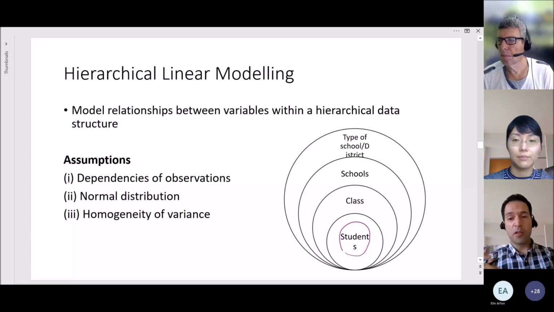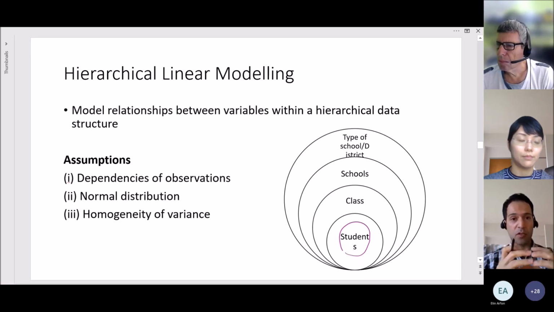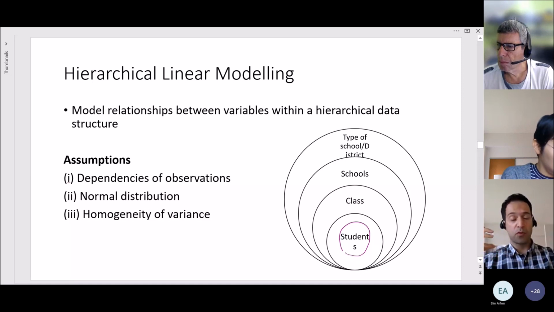Hierarchical linear modeling is a great technique, and I highly recommend that you consider this for your research, because you'll find out how much of the variance that you observe in your data is attributed to the students themselves, and how much of the variance is attributed to the variables that are beyond the student, that they have no control over, but that do have an impact on their performance.